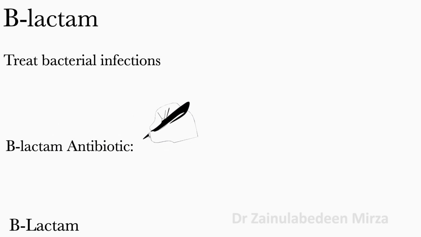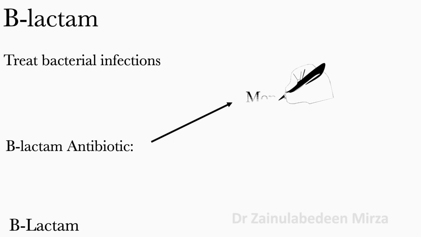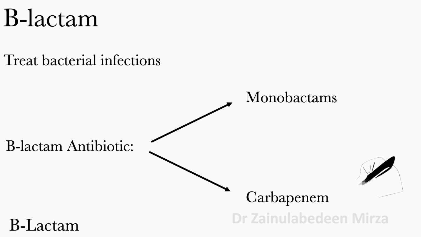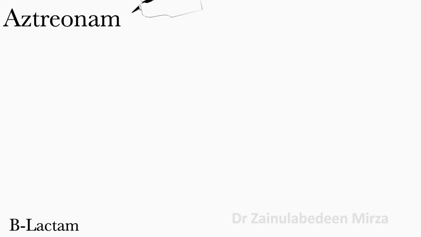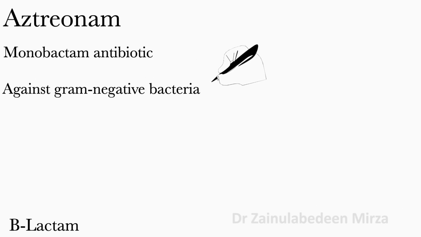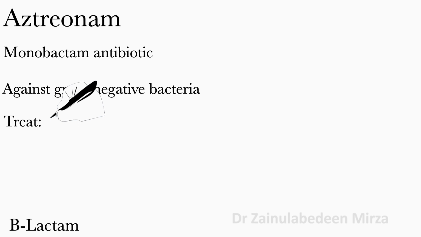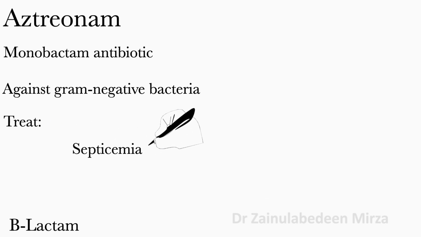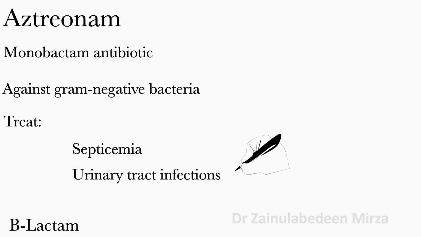Examples of beta-lactam antibiotics are monobactams and carbapenems. Aztreonam is a monobactam beta-lactam antibiotic that is active against gram-negative organisms, including Pseudomonas aeruginosa, Haemophilus influenzae, and Neisseria meningitidis. Aztreonam is used to treat septicemia, urinary tract infection, and gonorrhea.